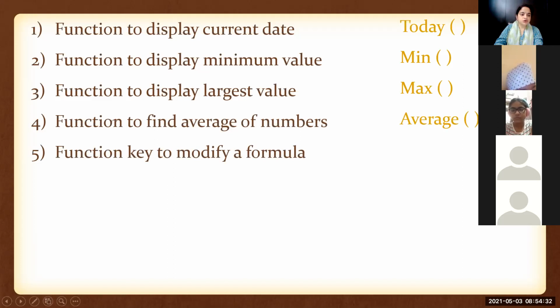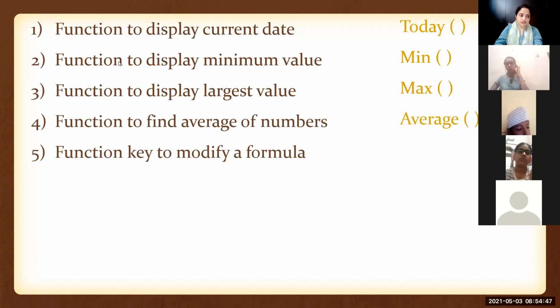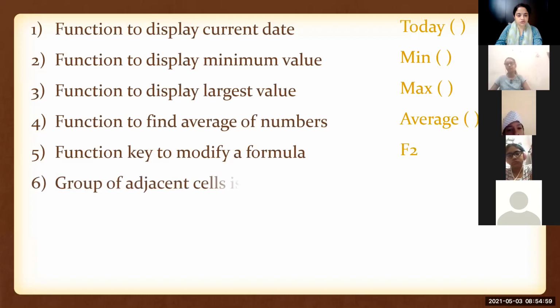which function key is used to modify a formula? When you want to modify or edit a formula, which function key will you press? F11. No. F11 is used to insert chart. F2. Same function key which is used to edit any cell. कोई भी cell को edit करना है, we will use the same function key F2. Whether it is a function or a normal text. Which function key is used to edit?